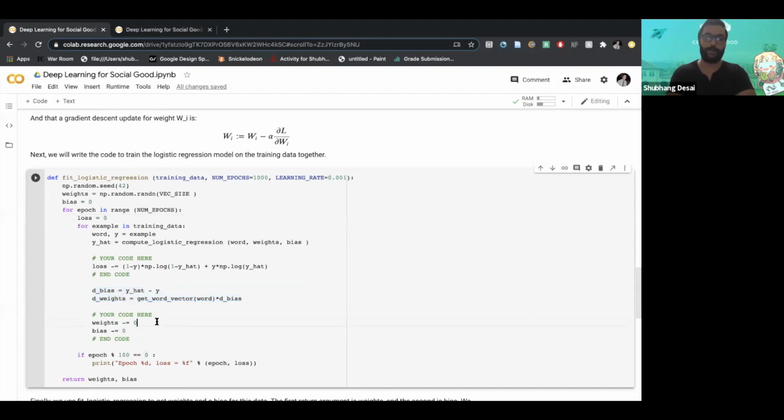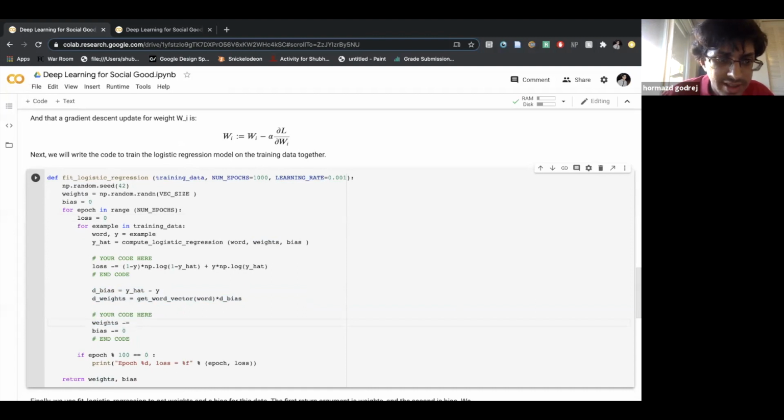Can someone tell me how we can use this gradient to update the weight? Can we have this learning rate? We could replace that 0 with the gradient, in this case, d weights times the learning rate.